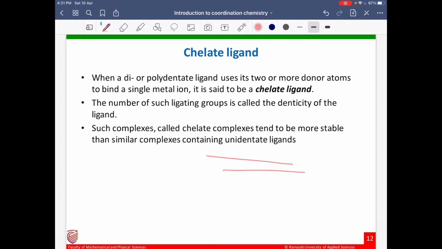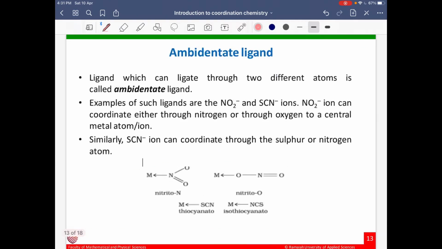So di- or polydentate ligands, which can donate 2 or more donor atoms, can form chelates when they interact with a single metal atom or ion. And these complexes have more stability compared to complexes containing unidentate ligands.